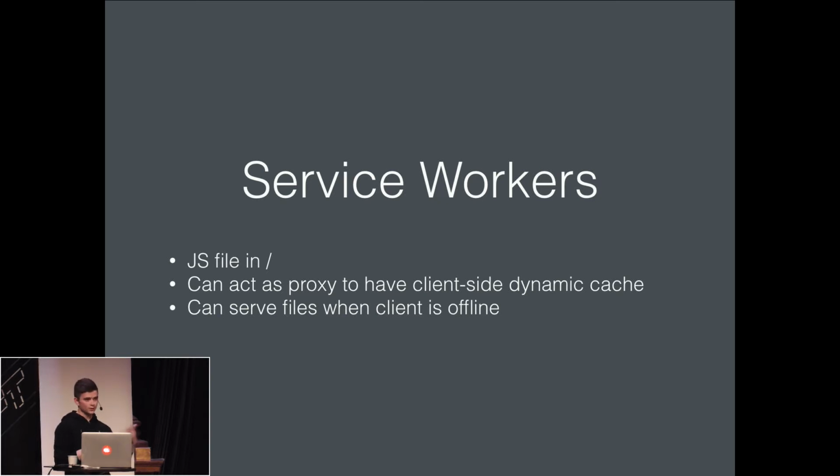You can't just use a text file, for example. And if you want to use the cache on the entire origin, the JavaScript file must be placed in the root of the origin. So in example.com/blah.js instead of /hello/blah.js.